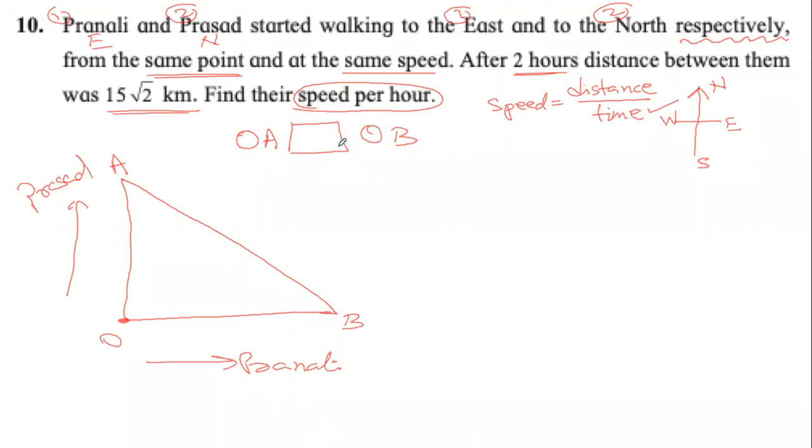Tell me what will come in the fill in the blanks. Correct answer, Prachi. Let's see if others are able to think and answer. Because they are traveling at the same speed, because they started from the same point at the same place, the distances will be same.